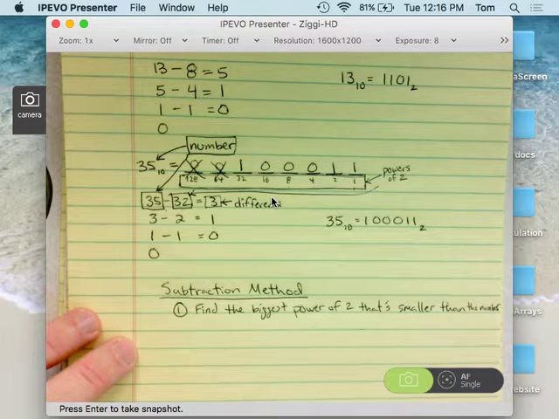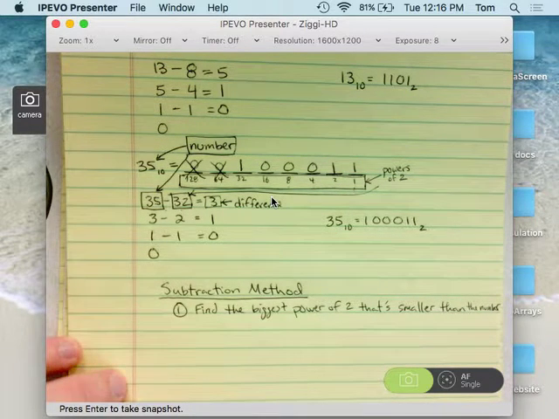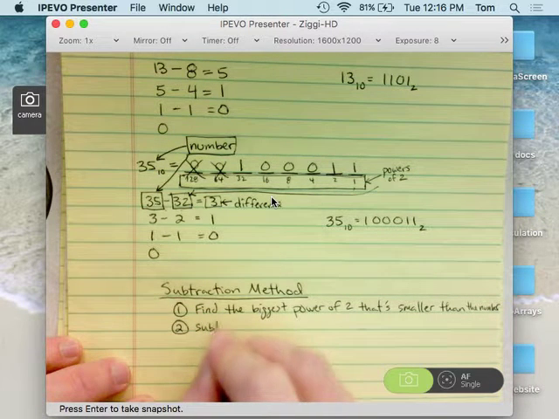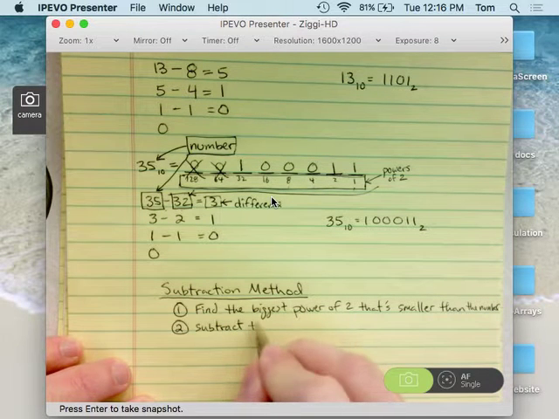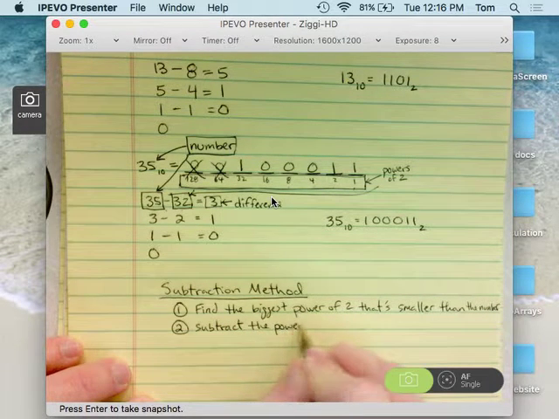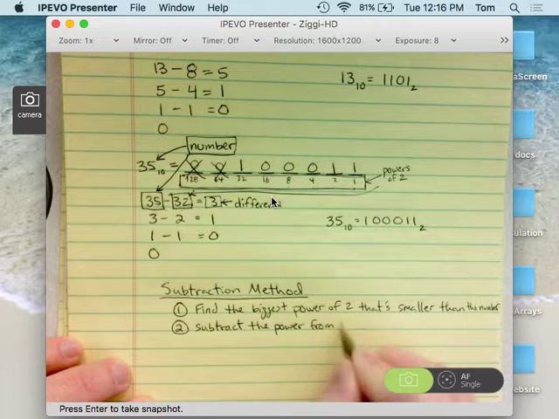That's where we're going to start. Sorry, that kind of got shrunk down there. Step 2, we're going to subtract the power from the number.